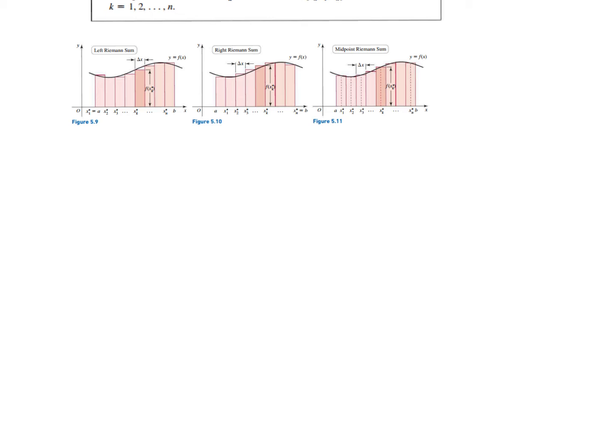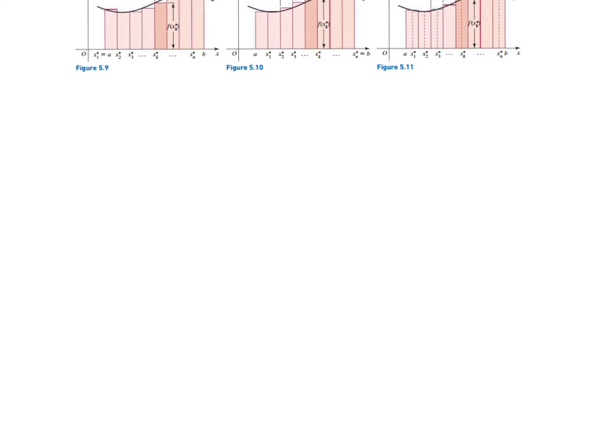We pick any point in the subinterval, and then we build these rectangles and we add them up. There are a couple of Riemann sums that are special, so to speak, and those are the left, right, and midpoint Riemann sums, and there are some great little illustrations here. So let's take a look.